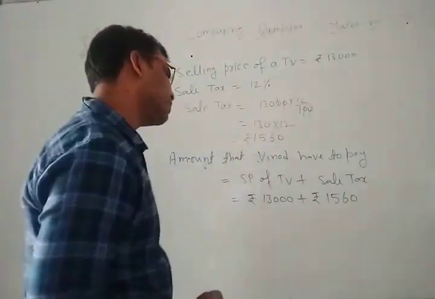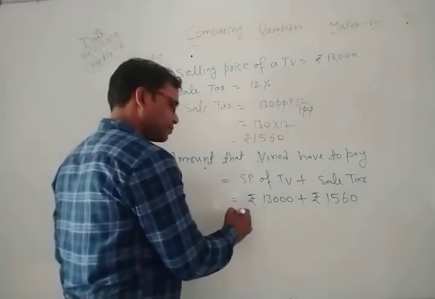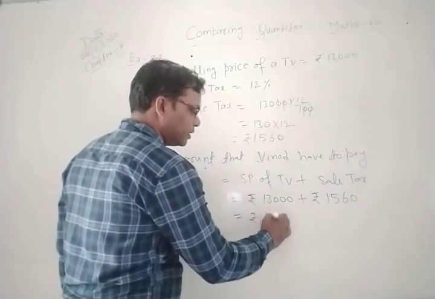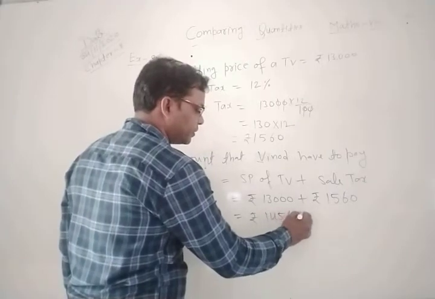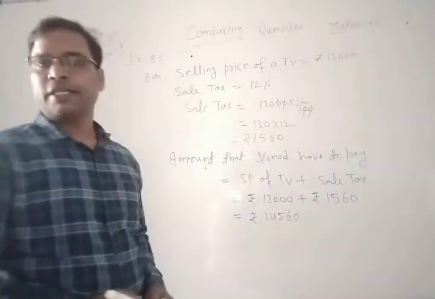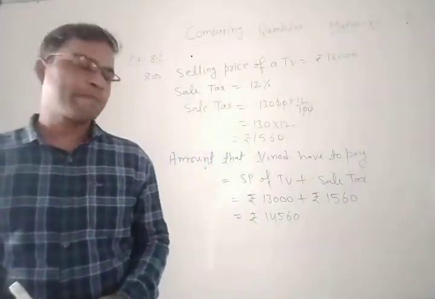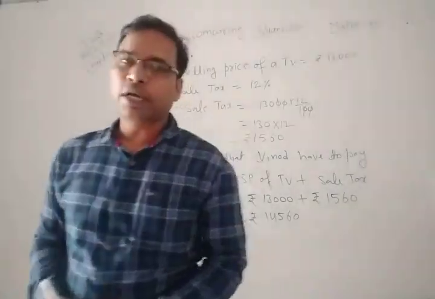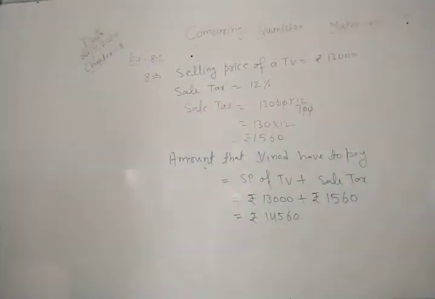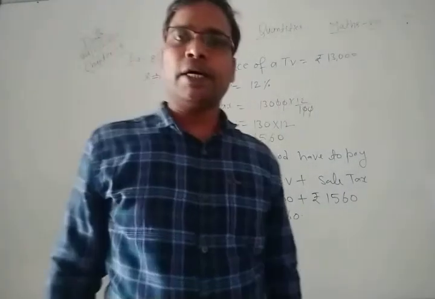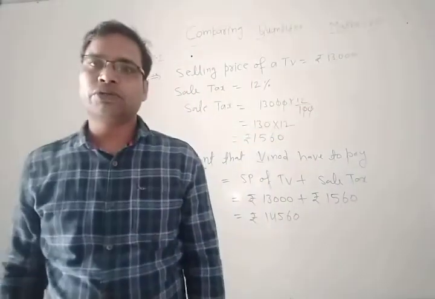If you sum them, then you obtain rupees 14,560. This is clear. Hence, the amount paid by Vinod is 14,560 rupees. Clear? So, students, I hope all of you understood this question.